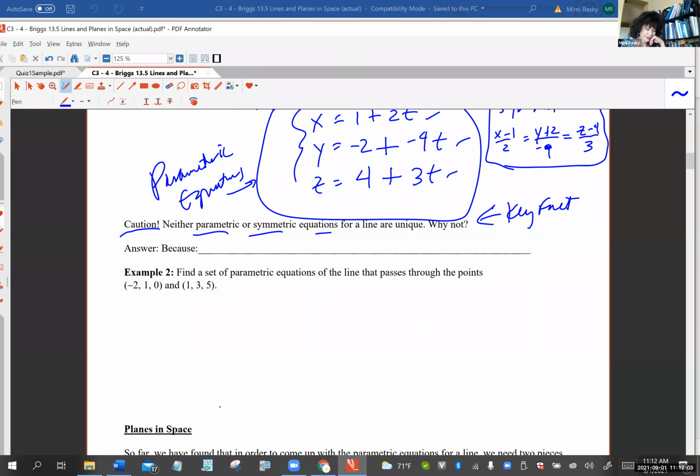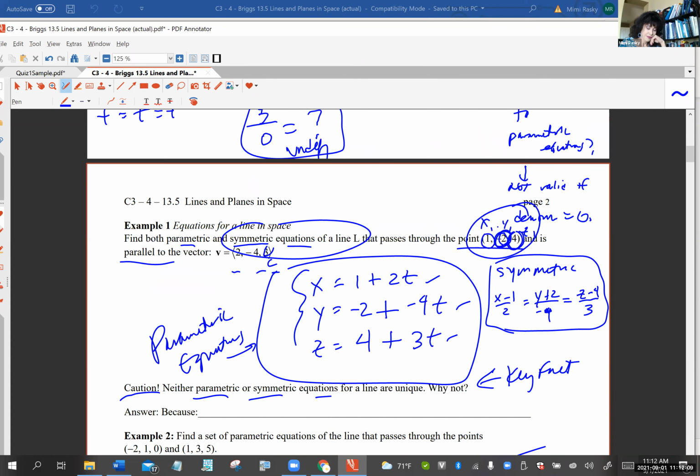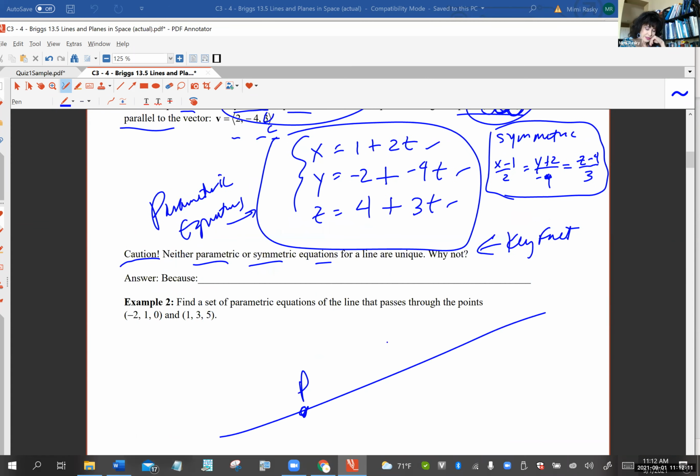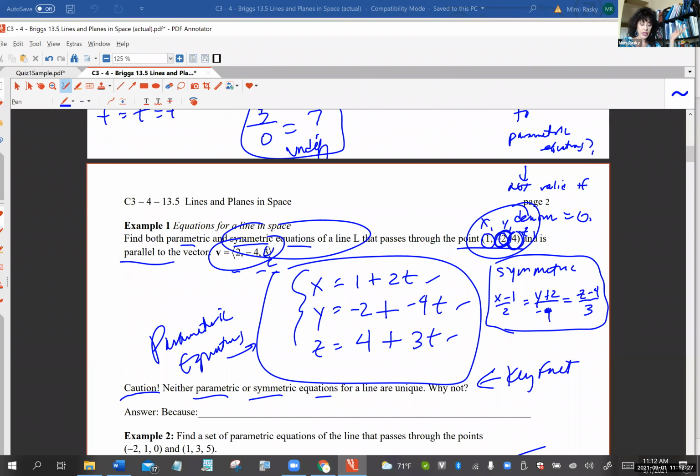Here's a line. You know how we used a point P that was on this line? What if somebody had a different point, like over here, but it was just as good because the line contained that point? Couldn't we use that instead? Sure. And that would give a different answer, but it would still be legit. Also, this vector v, we could use any vector as long as it's parallel to the line.